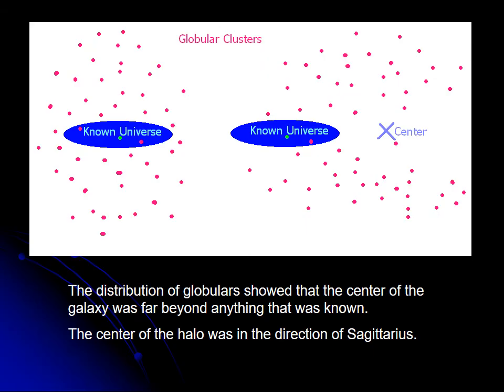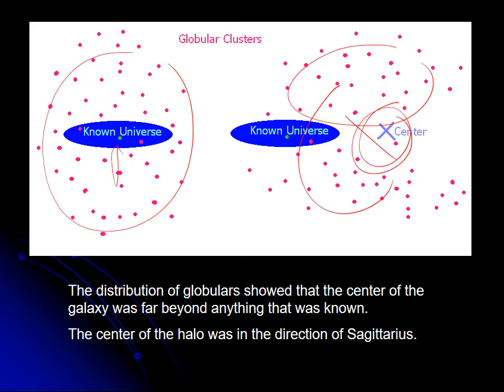And so by doing that, he expected to find that all these globular clusters were centered around us, the known universe. In fact, they thought the entire universe was just the Milky Way galaxy, the part that we could see. What he discovered was that the center of the clusters was actually out over here, beyond where they thought the universe edge was.